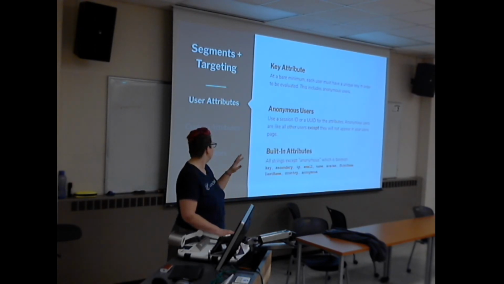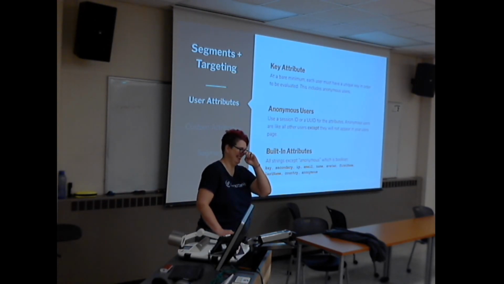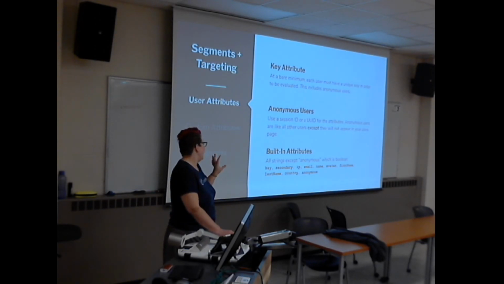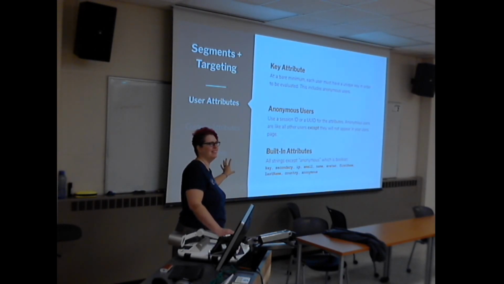And then these are the built-in attributes, half of which are really a terrible idea. Yeah, see, we're discussing. IP, email, name, avatar, first name, country, like these are just things that we designed because it makes sales demos easier, but it could also be like all sorts of things that we know about people's browsers. You know, we could say if on Internet Explorer, if on Chrome, like anything is possible to put in there.